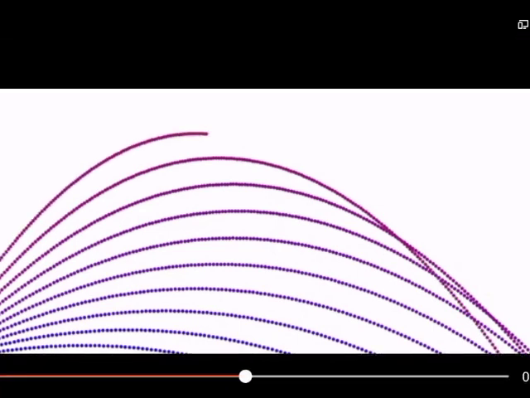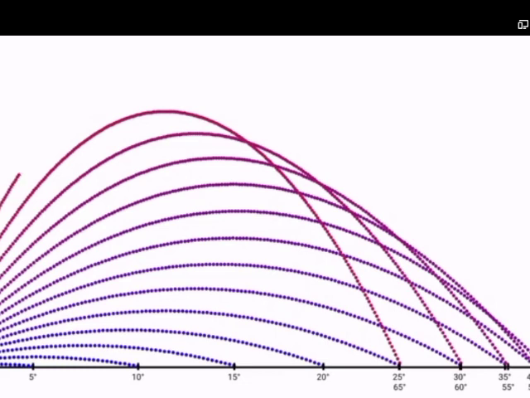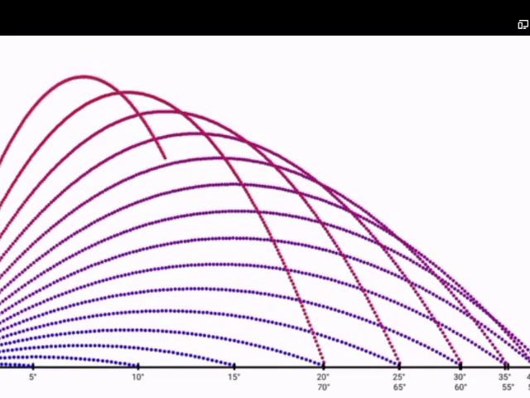Just carefully see, the distances are more but the height is less. If the distance from O along the x-axis to any point is less, the height is increasing. See here, the height is increasing. How the height and the distance along the x-axis are related, we come to know from this.